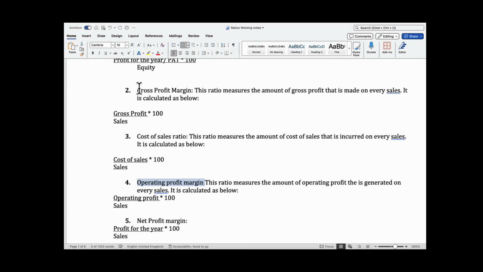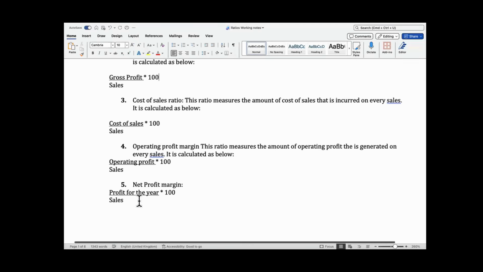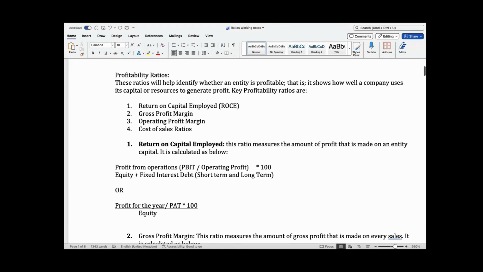And also, gross profit margin can be explained by the cost of sales ratio, because when the cost of sales ratio is like 70%, meaning the cost of sales you incur on every sales is 70%, you are going to expect that the gross profit will be 30%. So if you can reduce your cost of sales ratio, that would seriously impact your gross profit ratio.